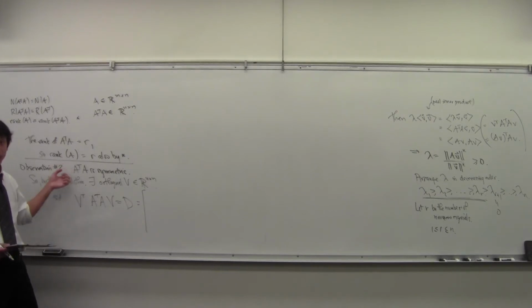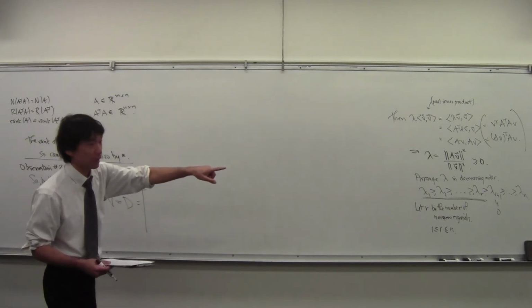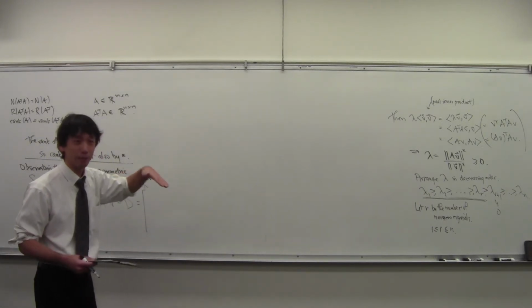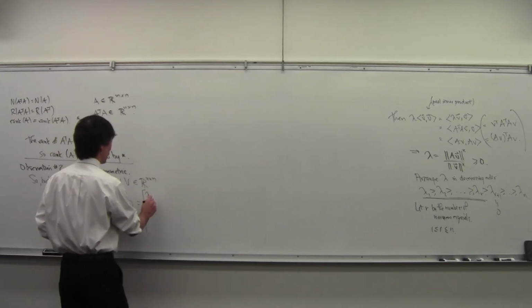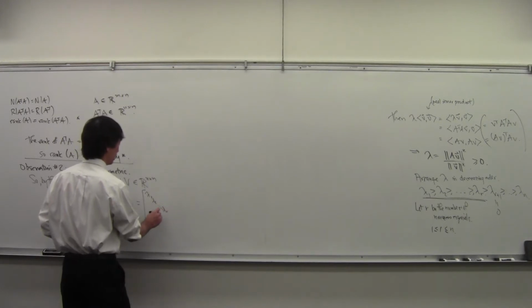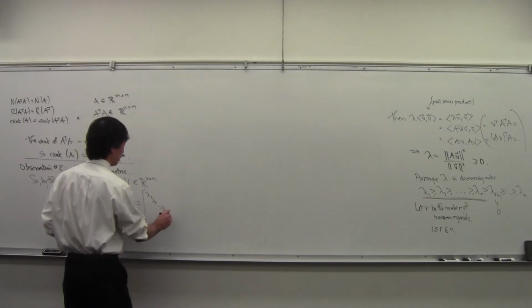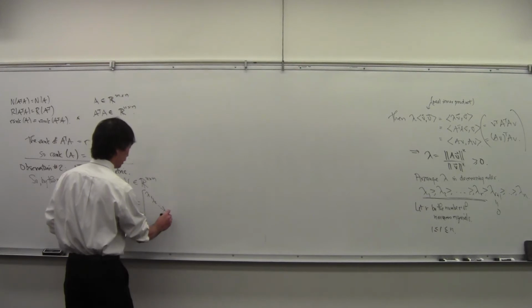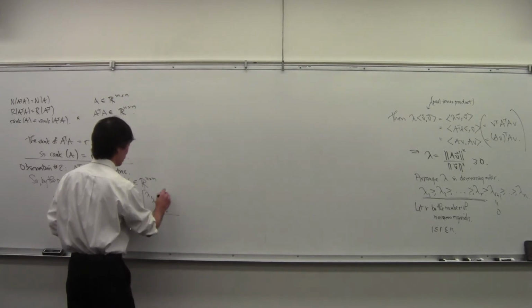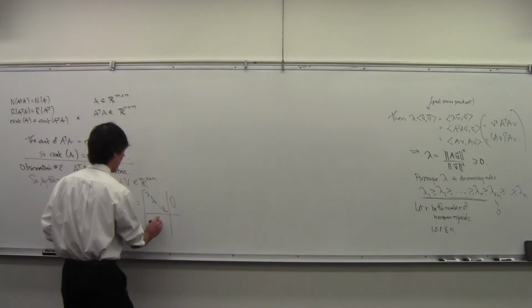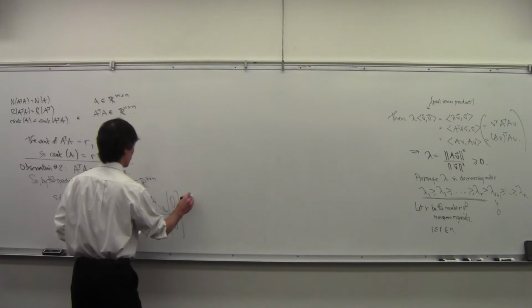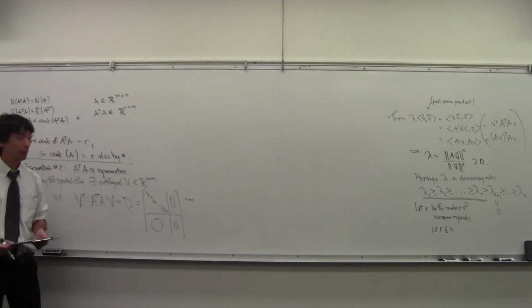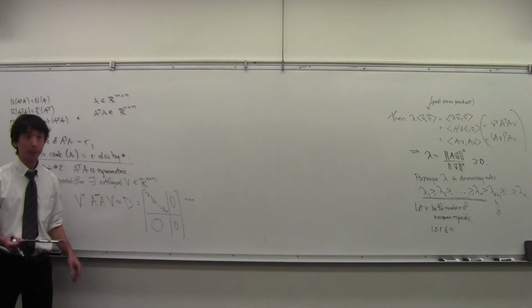Any symmetric matrix is going to be diagonalizable. So what is it going to have down the diagonal? It's going to have the eigenvalues down the diagonal. So it'll have lambda 1, lambda 2, up to lambda r, and those are all non-zero. But afterwards, the other ones are 0. So it's going to look like this. This is an n by n matrix.